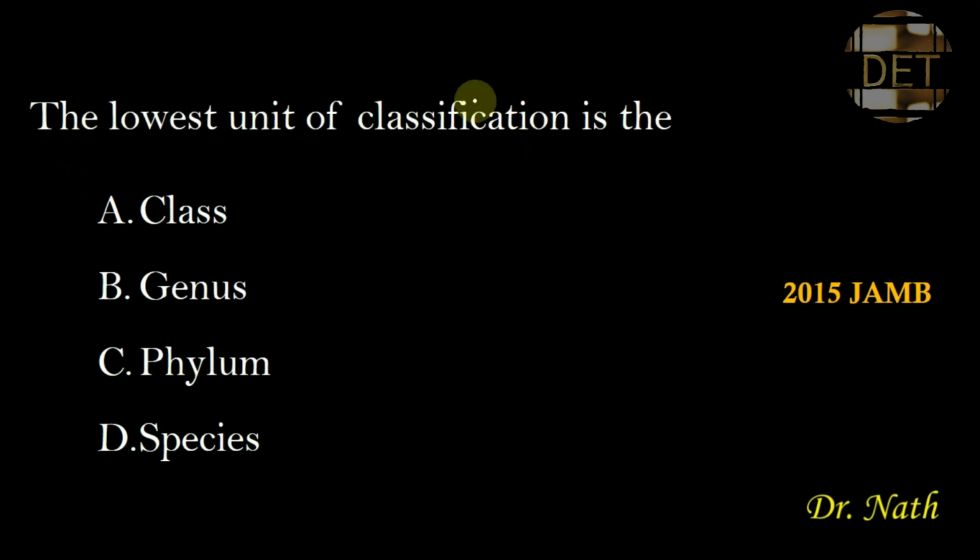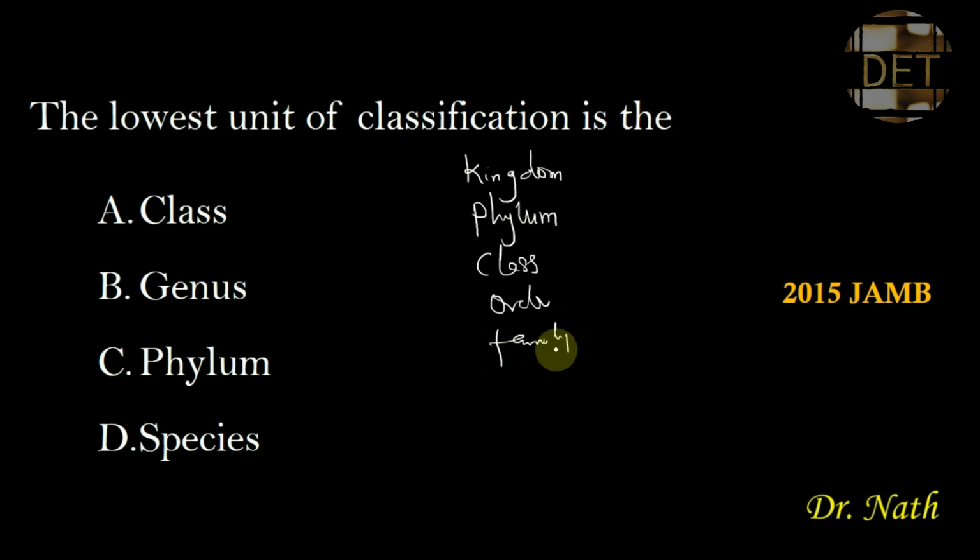This is another JAM question from the year 2015, and the question is, the lowest unit of classification is the. So like I've said before, living things are classified into 7 taxa. We have the kingdom, the phylum, the class, the order, the family, the genus, and the species.